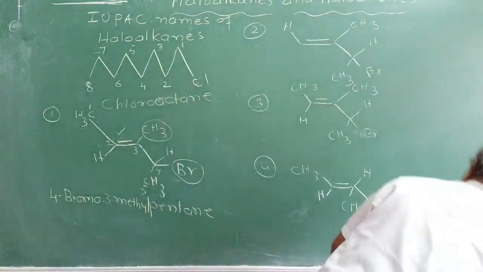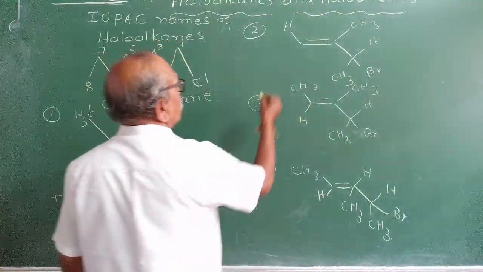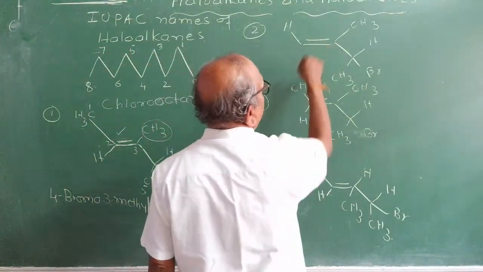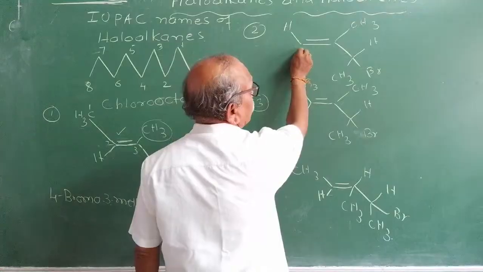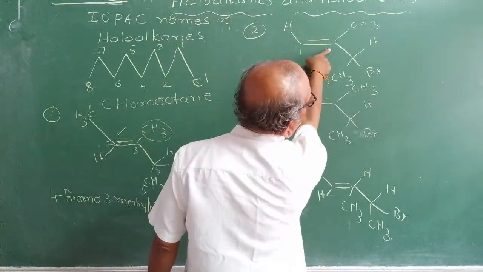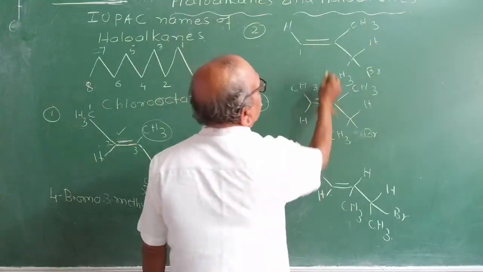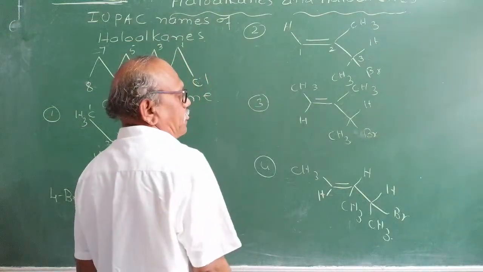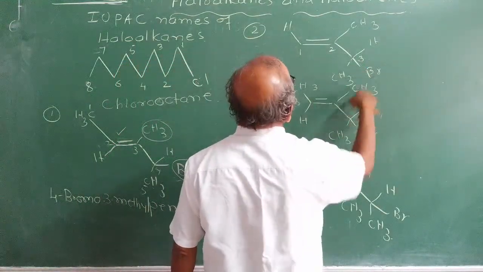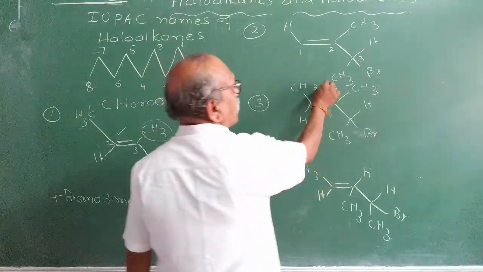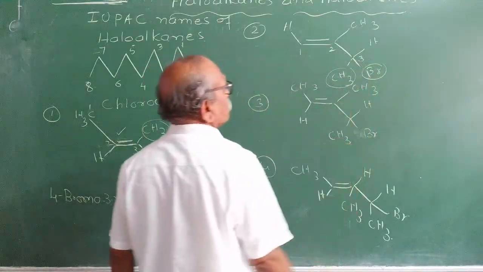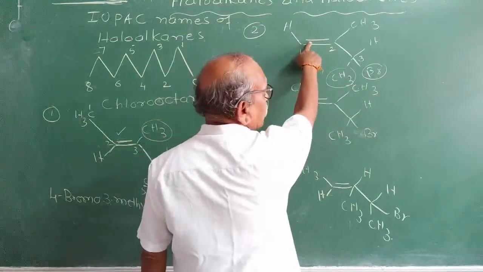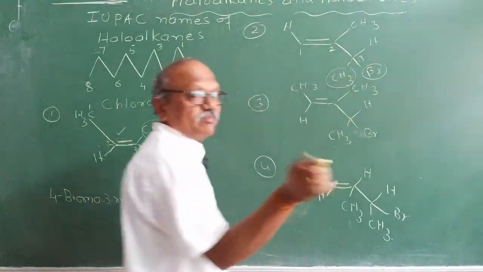Yes. Start numbering. Here there is a double bond at the first carbon atom only. This is 1, 2, 3. So at the third carbon atom there are two groups: one methyl group and one bromo group. Do you want to number from this end or this end? Because whenever a double bond comes, it should get the lowest number.